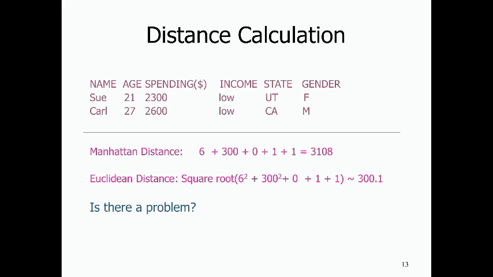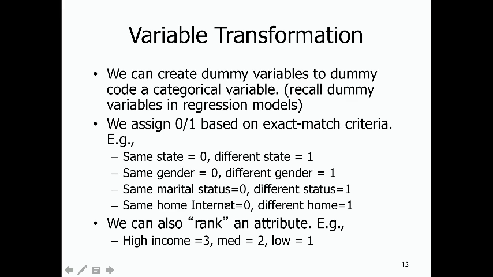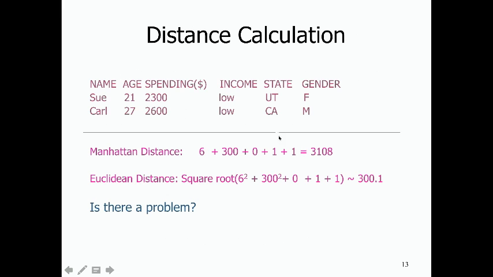And so this is just an example of considering other categorical variables: income, state, and gender. For Sue and Carl, if we look at their income at the same levels, different states, and different gender types, using the second method we can measure their distances based on these three variables as 0, 1, and 1.